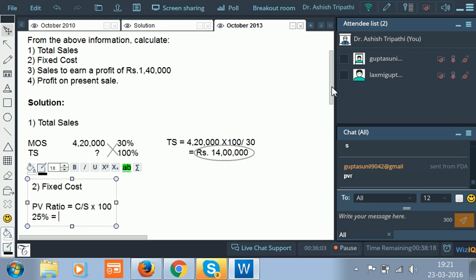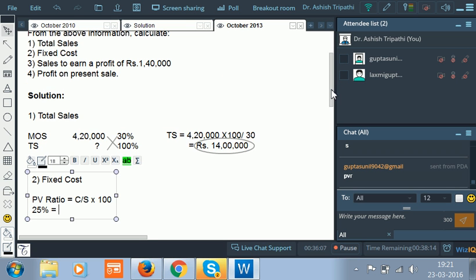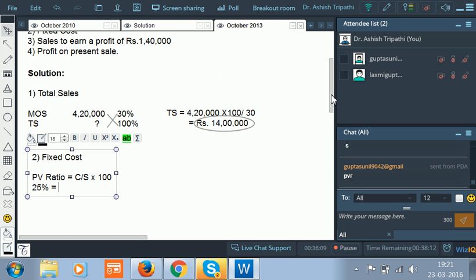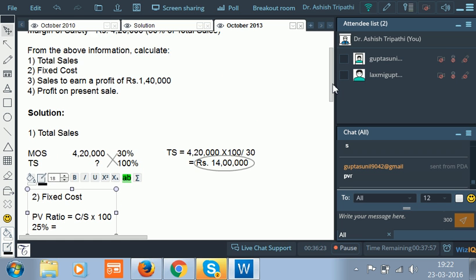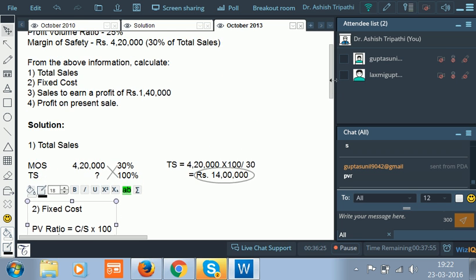I guess this formula will be a little difficult for you to calculate fixed cost, because in this formula you will get contribution, but once you get contribution, how will you calculate fixed cost? ये formula से contribution तो मिल जाएगा, but fixed cost कैसे मिलेगा उसके बाद?